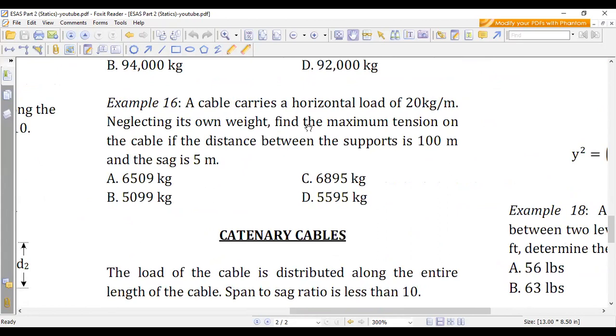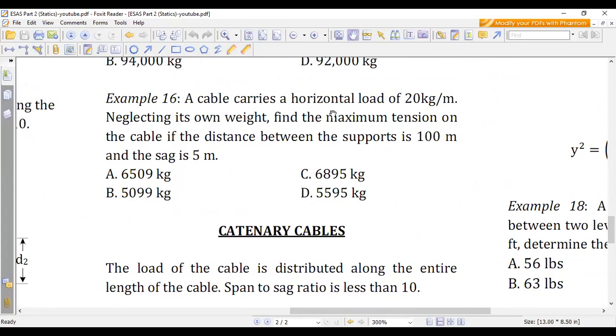Okay, so for example number 16, you have the cable carries a load of 20 kilograms per meter, neglecting its own weight. Okay, so the maximum, take note, is horizontal load. So find the maximum tension on the cable if the distance between the supports is 100 meters and the sag is 5 meters.